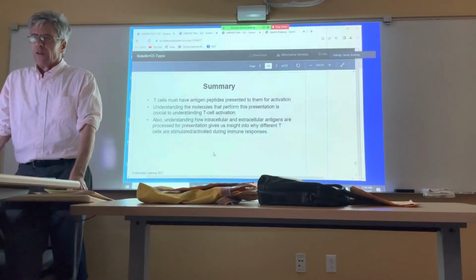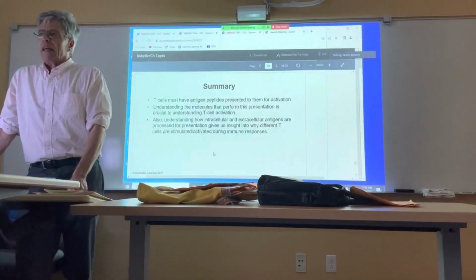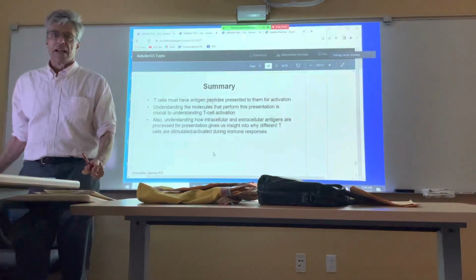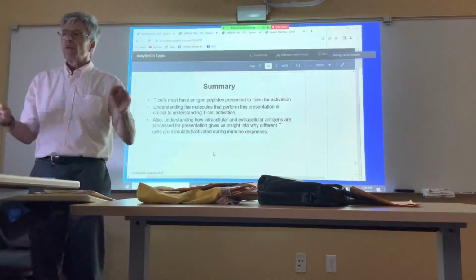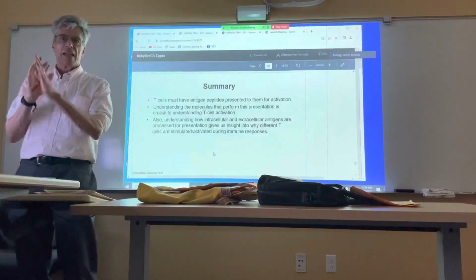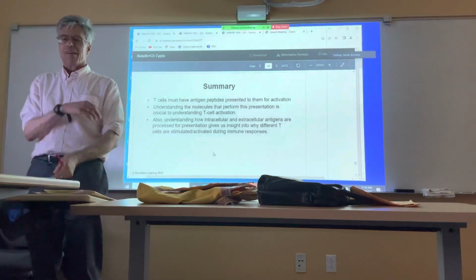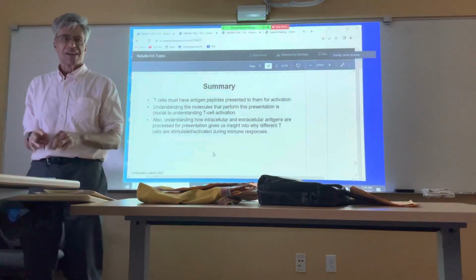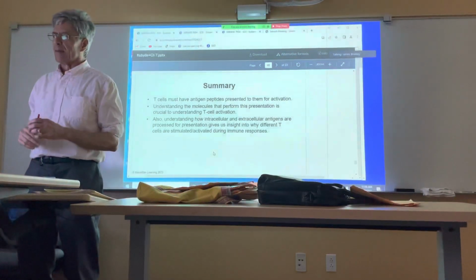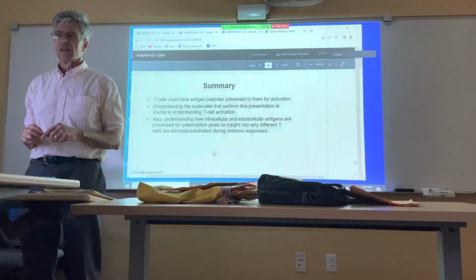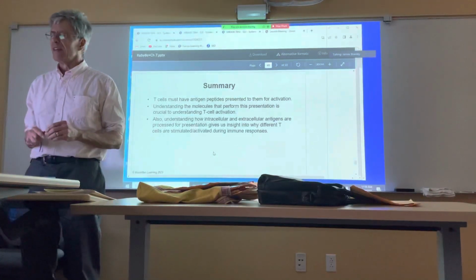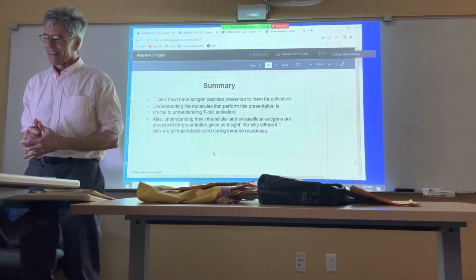And remember, on the one hand, degradation is necessary to cut up, but also too much degradation, or say cutting in the middle of an epitope that would be recognized by a T cell, that would be harmful, right? So kind of dual, two sides of a double-edged sword, two edges of the same sword.